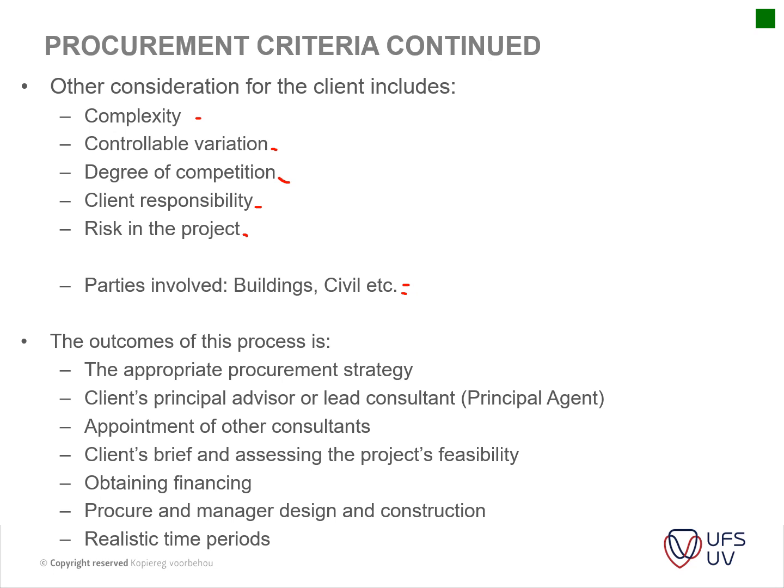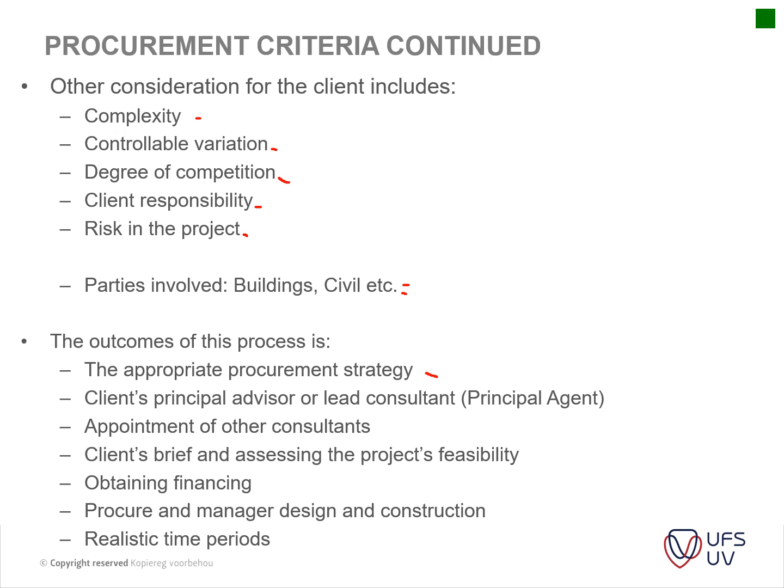Then from all of these considerations, the outcomes usually dictate the appropriate procurement strategy that's used. Are we going to use the traditional method of procurement? Are we going to use the JBCC contract? Are we going to use the GCC, etc.?